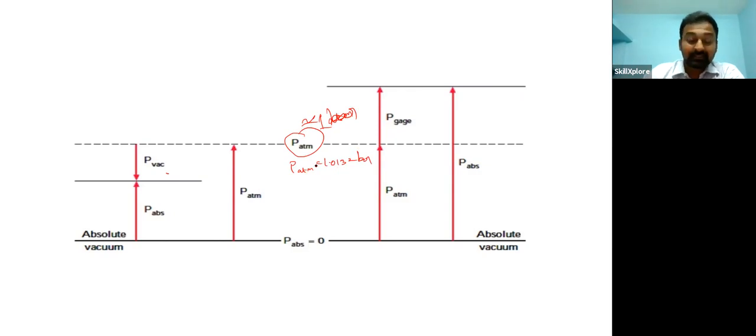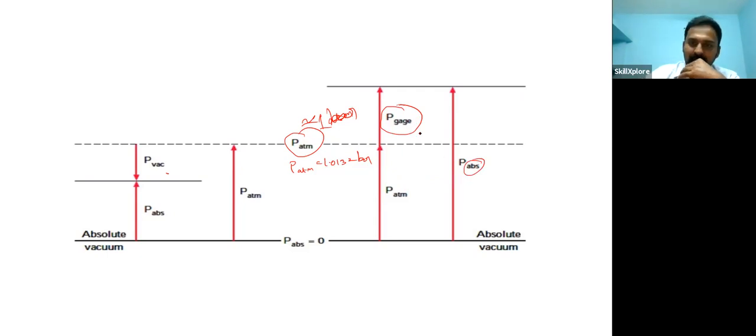The next thing is, any gauge which reads some pressure, that reads it with the atmospheric pressure also included, that is called gauge pressure. The absolute pressure we call atmospheric pressure plus gauge pressure.